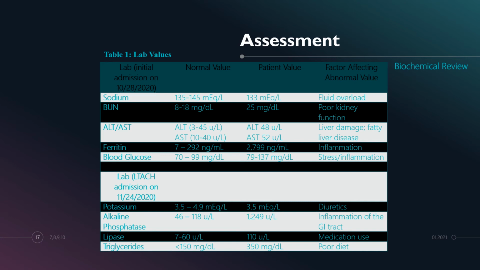It's really hard to exactly say why her triglycerides were elevated, but my ultimate guess is possibly just a poor diet, and also just the amount of nutrition that she was receiving with the various nutrition support methods that we were supplying her with.